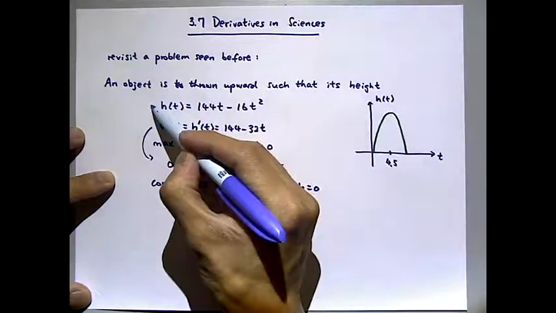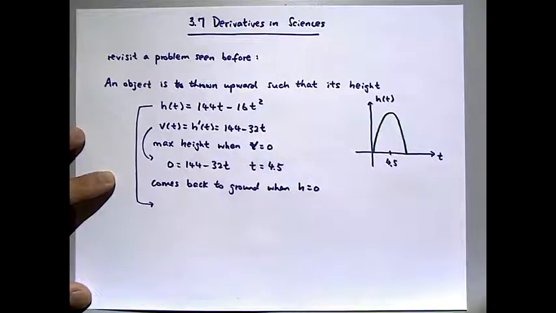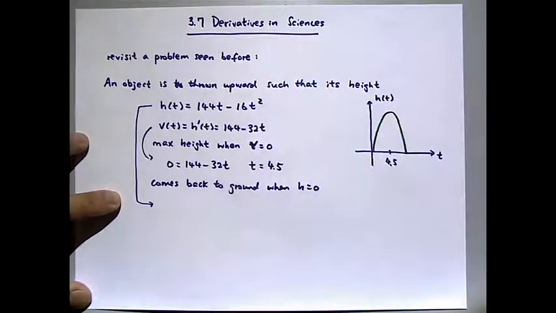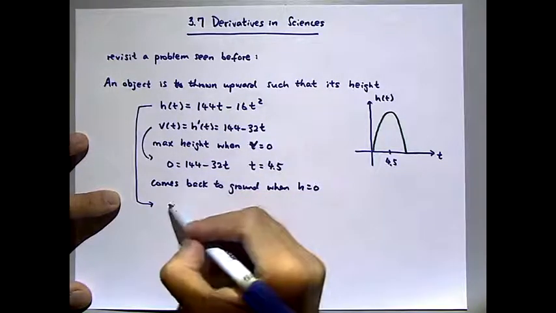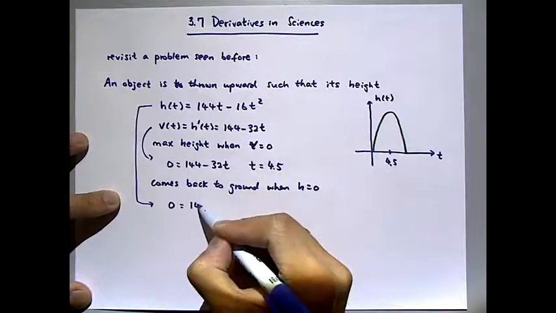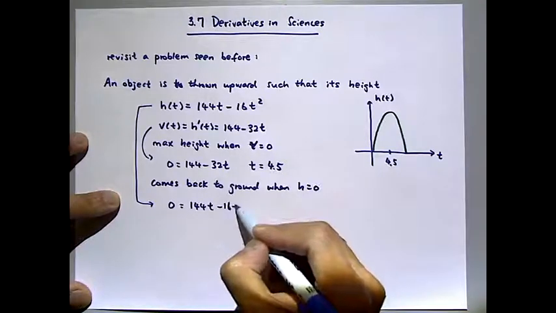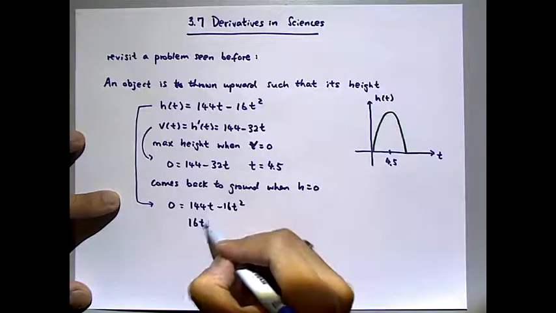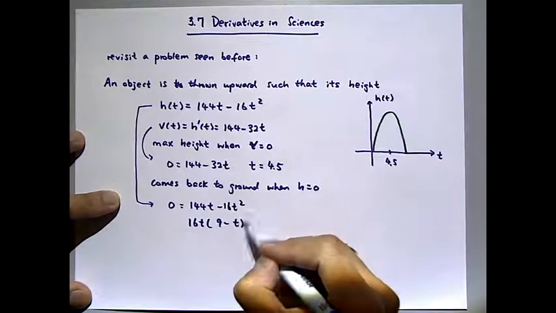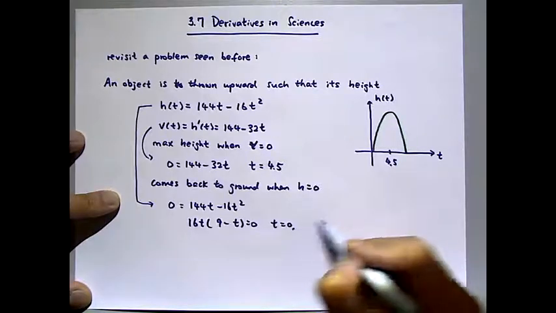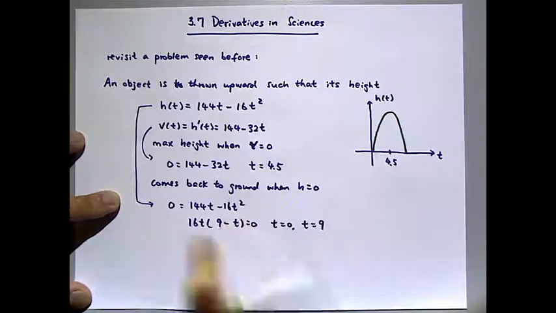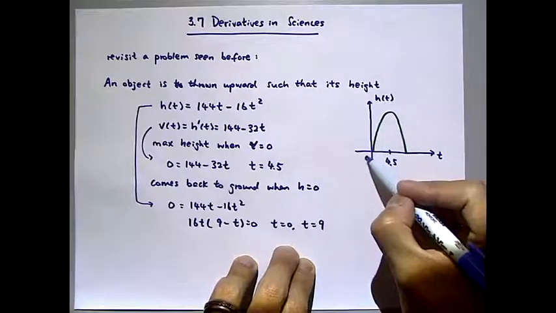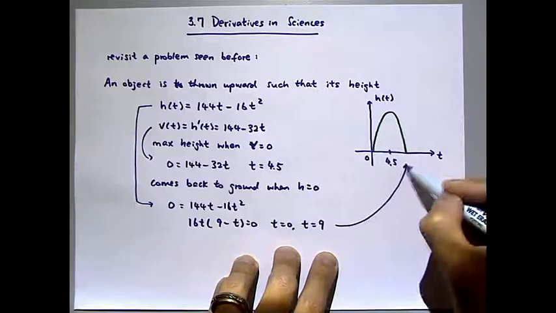But more generally, you would take the height equation. It's not always going to be a parabola in general, in most general applications. Here we got a parabola, great. But in general, you would just make the height equal to 0, and then solve for t, right? You can pull out a 16t from both of these and you get 0, that's when we start. And then 9, that's obviously when we come back down to the ground.